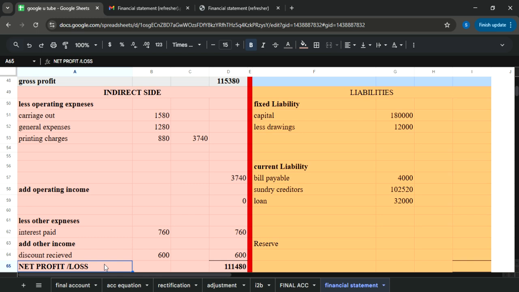So guys, left page is completed. You will come over here for one adjustment. Your net profit would be added over here. The net profit you have just calculated is 111,480. Alright guys, this adjustment is also completed.